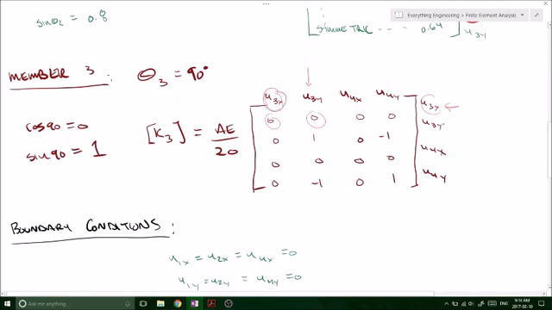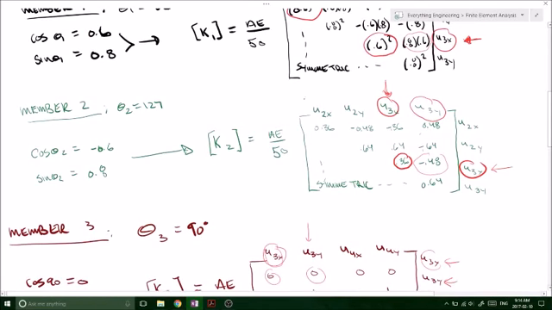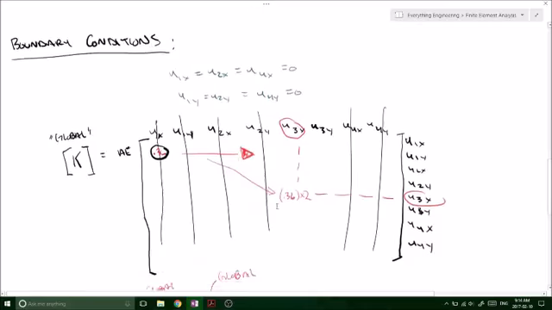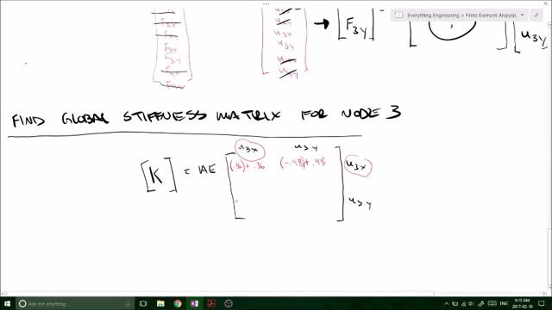Now 3x and 3y, another 0 in this one. Looking at stiffness matrix number 2, we have our 3x again and our 3y, and it should be this one here, which is negative 0.48. So we'll shove that in, negative 0.48.